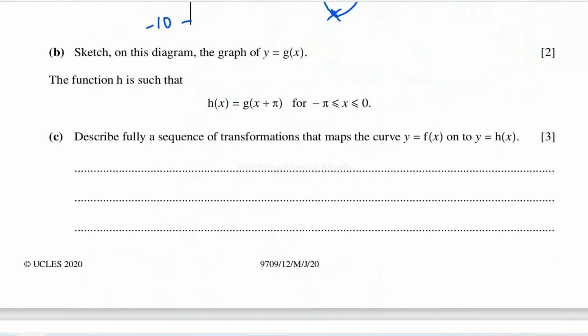The function h is such that h of x equal to g of x plus pi. Describe fully a sequence of transformation that maps the curve y is equal to f of x onto y is equal to h of x.